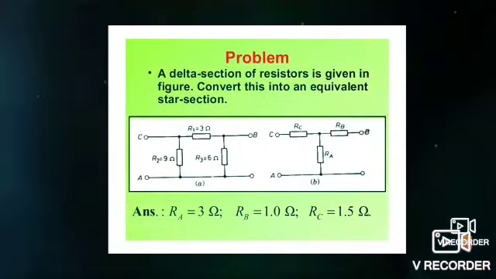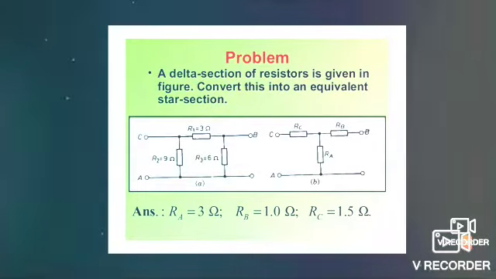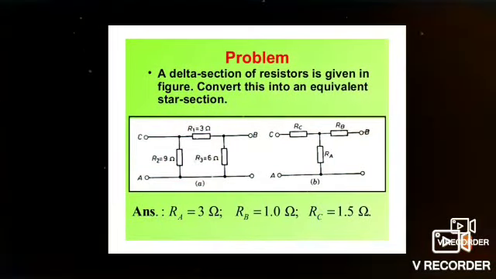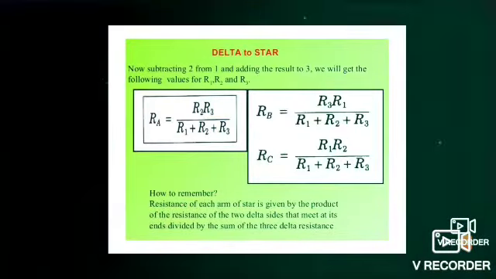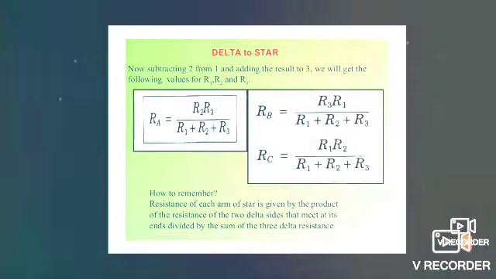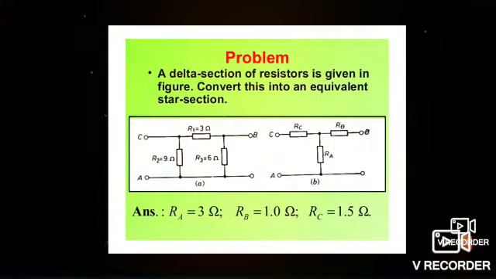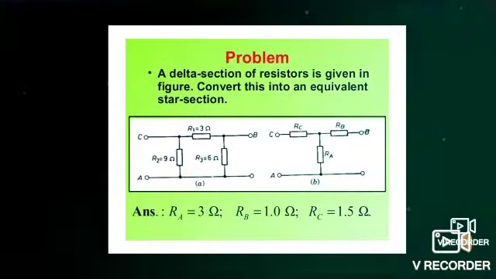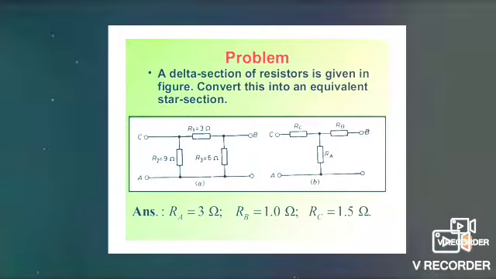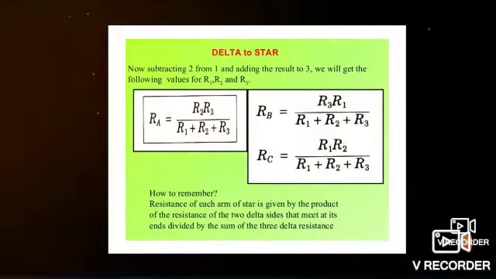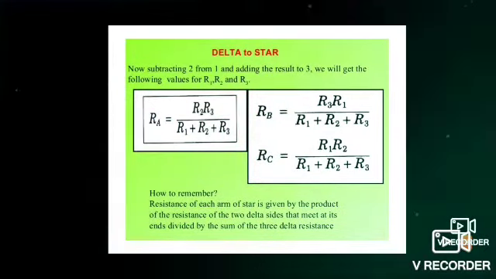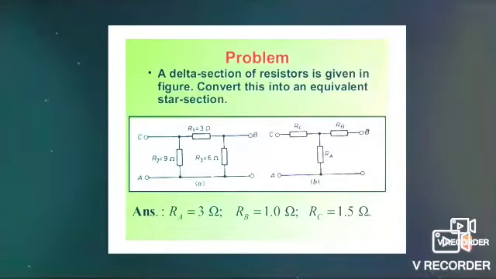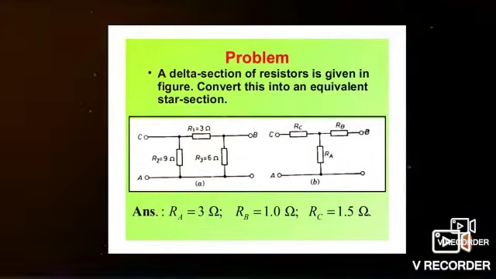Therefore RA is 3 ohm. Next is RB. The formula is R3 R1 divided by R1 plus R2 plus R3. R3 is 6 ohm, so 6 into 3 divided by 9 plus 3 plus 6. Next is RC, R1 R2 divided by R1 plus R2 plus R3, where R1 and R2 are 3 and 9 ohm.